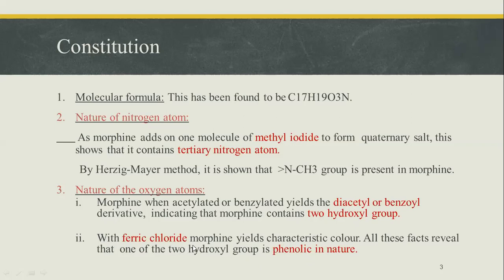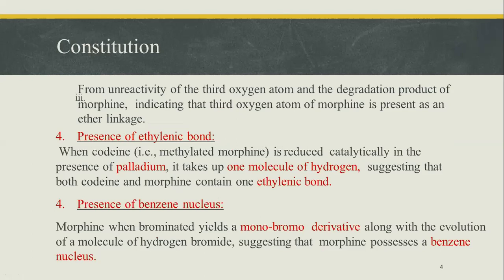With ferric chloride, morphine gives a color reaction, which indicates that one of the hydroxy groups is phenolic in nature. So out of three oxygens, two are hydroxy. Out of two hydroxy, one is alcoholic and the other one is phenolic in nature. Then we have to find out the nature of the third oxygen.